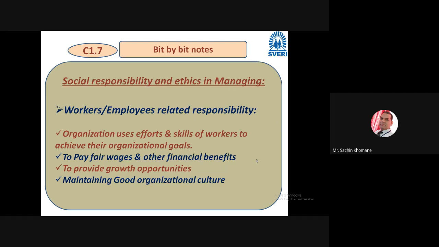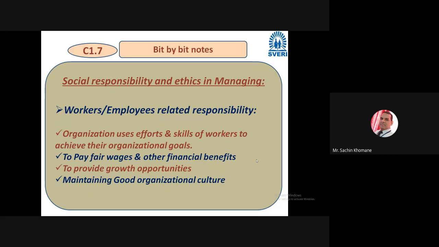Due to workers, the organization is there. If they do not work, they are using their effort, their time, their skills, whatever they learned in education and academics, and their experience.